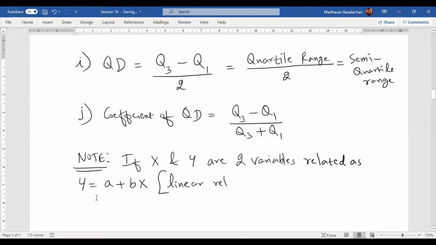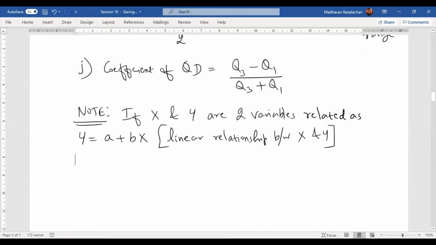Then those x comma y values, if you plot them on a graph sheet, you will get a straight line. That is why you call it a linear equation or linear relationship between x and y. Whenever I write y equal to a plus bx, I call it a linear relationship.